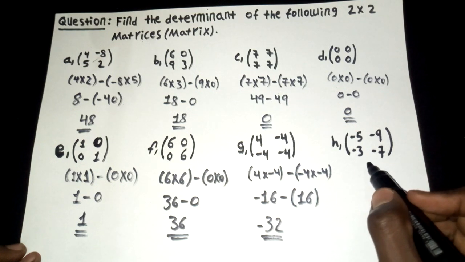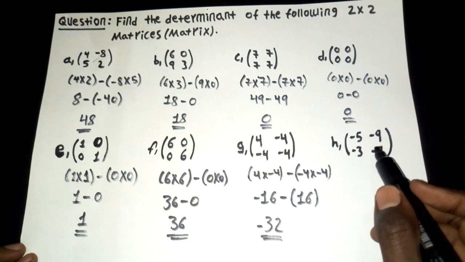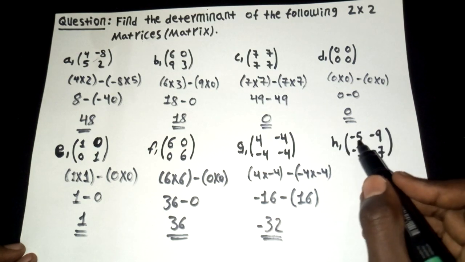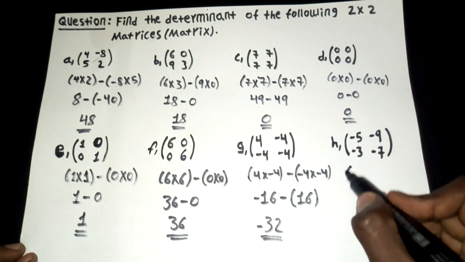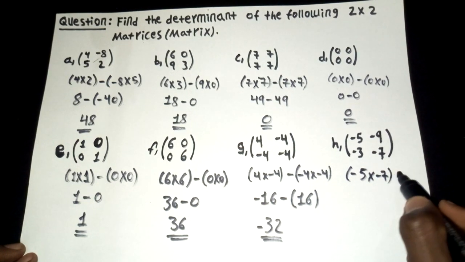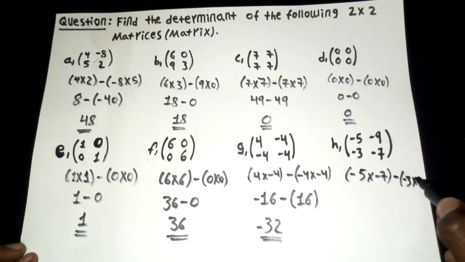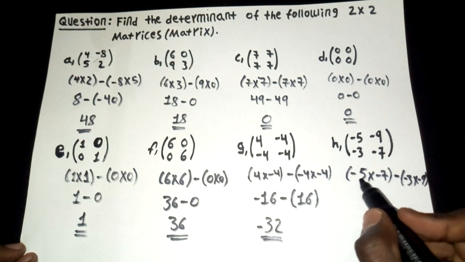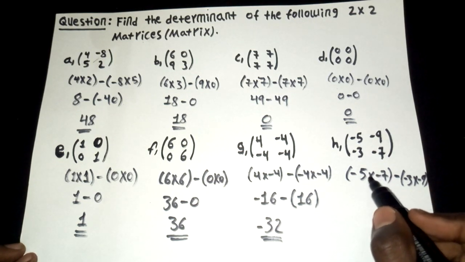And the last example for me is this one. They all are different numbers, but in this case they all are negative. We go the same procedure. Minus 5 times minus 7, then we put minus, then minus 3 times minus 9. Minus 5 times minus 7 is going to be plus, because minus times minus is always plus.